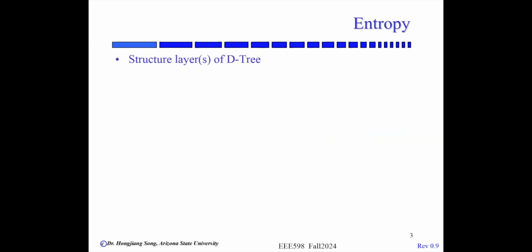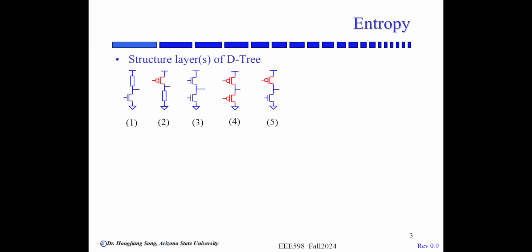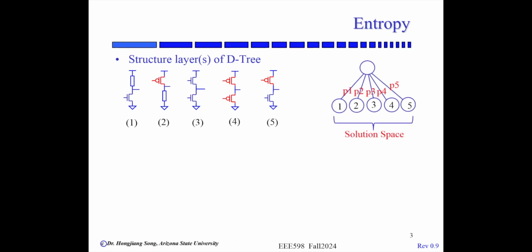So now let's use the structure layer to define the entropy. In the structure layer, for example, for a simple MOS amplifier, we have 5 choices, called the solution space. In the decision making, depending on your design requirement and also design knowledge, each option is associated with a probability P1, P2, P3, P4, P5.